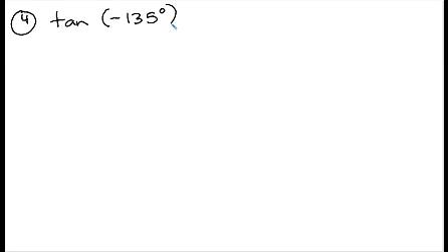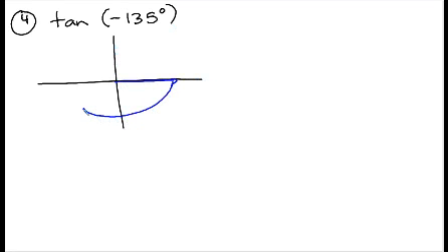The tangent of negative 135 just means that when I draw my angle, I swing in the negative direction to here. And then I draw my reference angle. This was a negative 135. And I draw my reference triangle back to there. So my reference angle is 45 degrees.